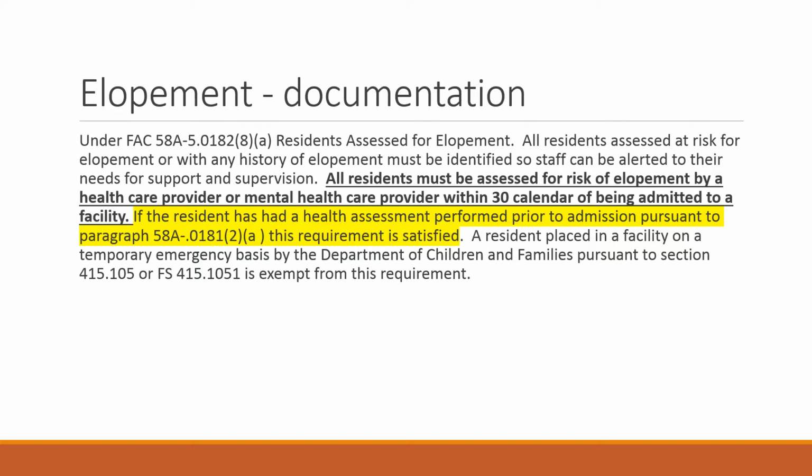It is important that you understand that with elopement, we have a lanyard that we'll be using, and those lanyards will include the facility name, the address, and the telephone number, and then you will take a Sharpie pen and write on the inside of the lanyard the name of the resident, and that will meet the requirements for ensuring that they have documentation as to who they are and where they are. It's a good way of identifying them. We're going to talk a little bit more about elopement later.